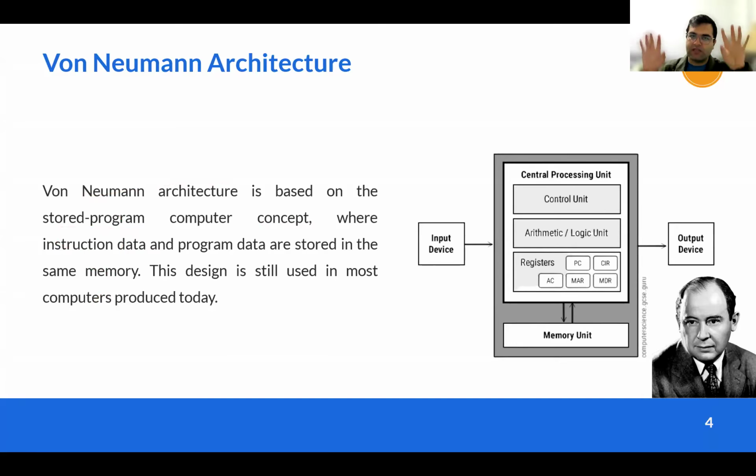You had one for program data, so things like numbers you need to calculate and all the strings, all the data that you needed for the program, and then you had the instruction data, the things that the program needs to do with the other data. So that was Harvard architecture, two separate memories for two different types of data. In von Neumann you have one memory unit storing both types. So that's von Neumann architecture.